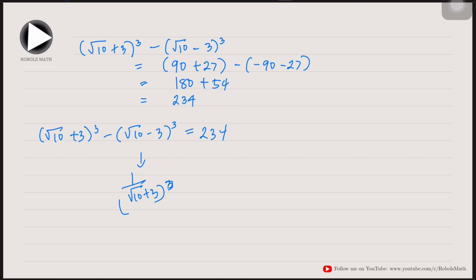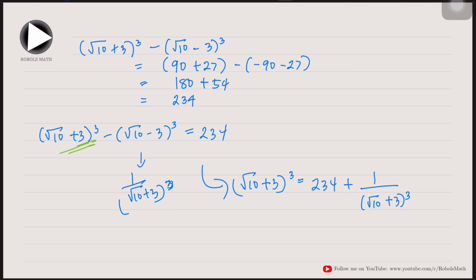And then we can solve for the expression that we want. We can solve for this one as square root of 10 plus 3 quantity cube is equal to 234 plus 1 over square root of 10 plus 3 cube.